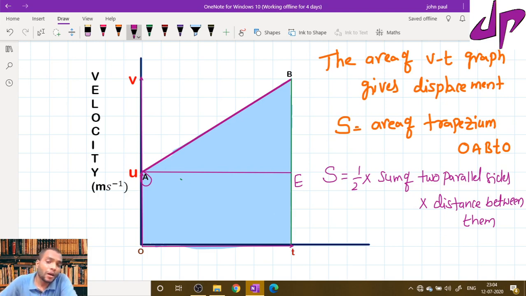So from our graph, how can we represent it? What are the two parallel sides in our graph?